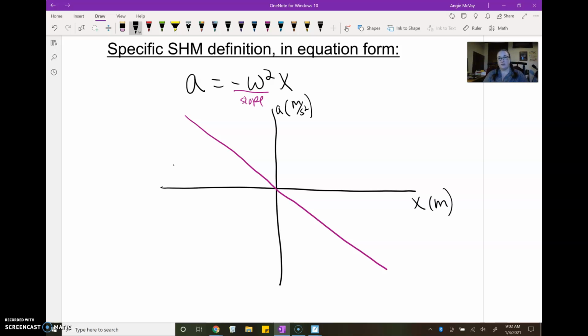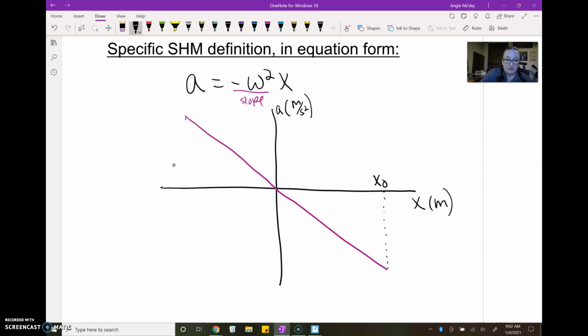Some stuff to notice is that this line has limits. Something like a pendulum that we've had oscillating doesn't oscillate with infinite amounts of displacement. And so at the end of this line, you can read the maximum displacement.